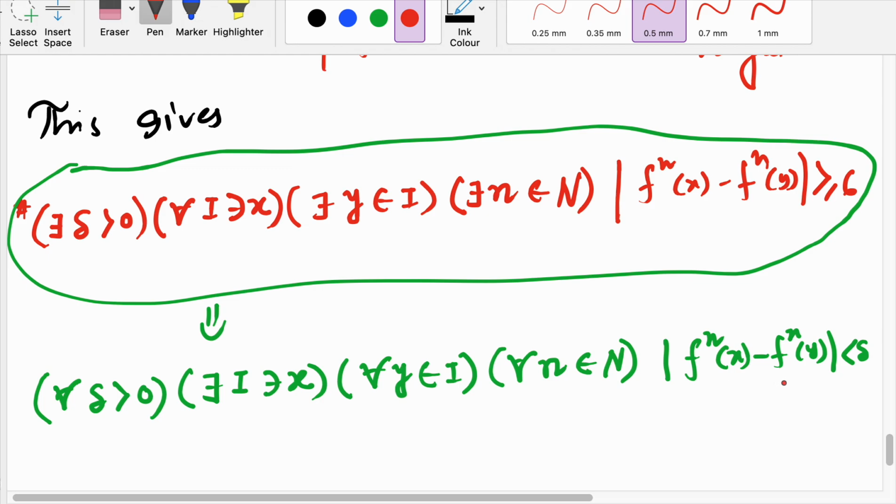will remain close within delta. There will exist an I, so you can think that this I is the accuracy limit.